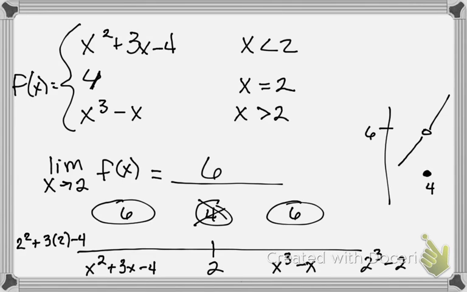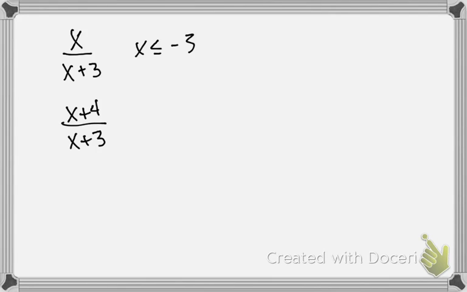Okay, and we'll look at this last one. x over x plus 3 when x is less than or equal to negative 3, and x plus 4 over x plus 3 when x is greater than negative 3. Again, we're going to do the same exact thing.